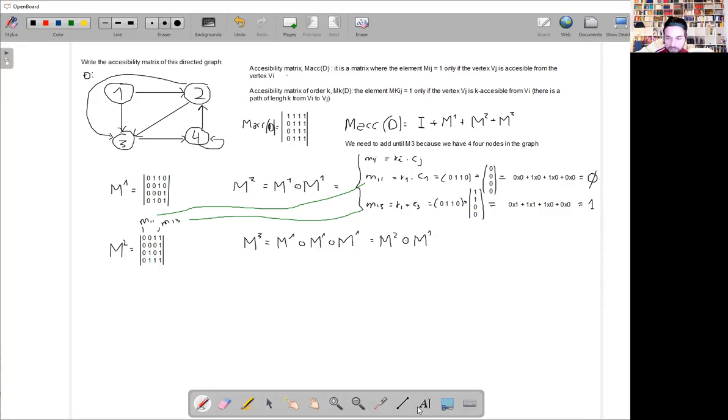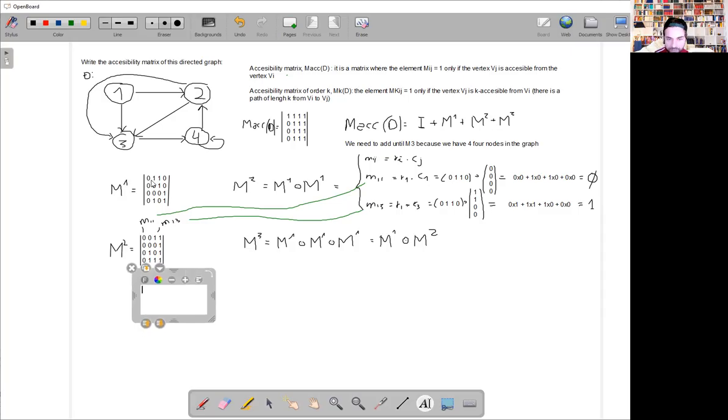Now it's a bit different because we need to multiply, well, let's do it in order, better. Let's multiply M1 by M2 because otherwise it will be more difficult.